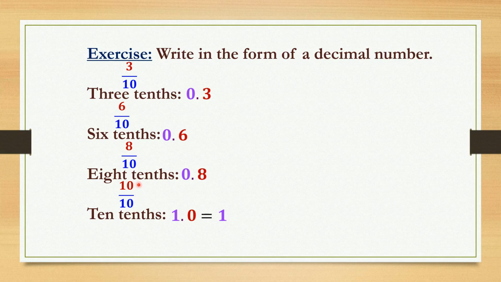Now if you want to find the number equal to 10 over 10, you can also divide 10 by 10. The over can also be read as divided by. 10 divided by 10 is equal to 1. When you divide a number by itself, it's always equal to 1.